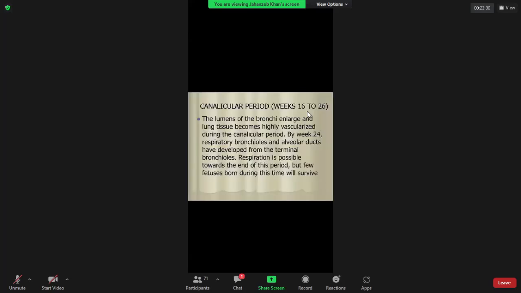So the canalicular period is the one in which the lumen of the bronchi enlarges and lung tissue becomes highly vascularized.